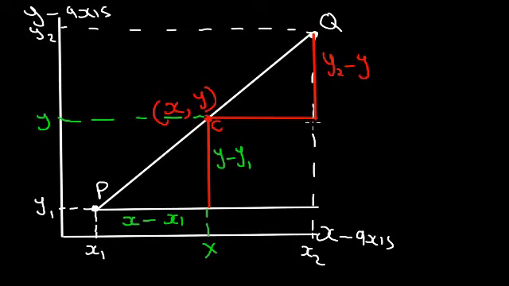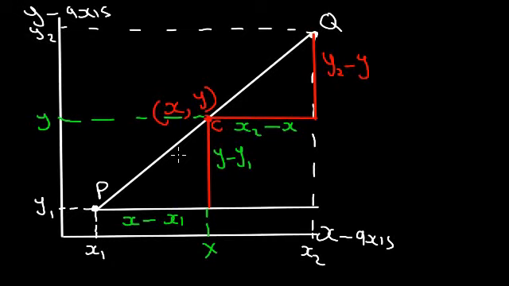And since the maximum point along the x-axis of point Q is x2 and its minimum point along the same axis is x, then its distance is going to just be x2 minus x. Perfect. So now let's apply some of our knowledge in geometry, because at this point, we just need to make some arrangements.